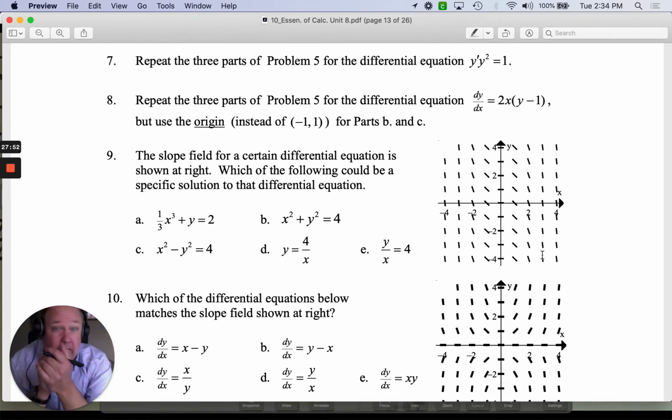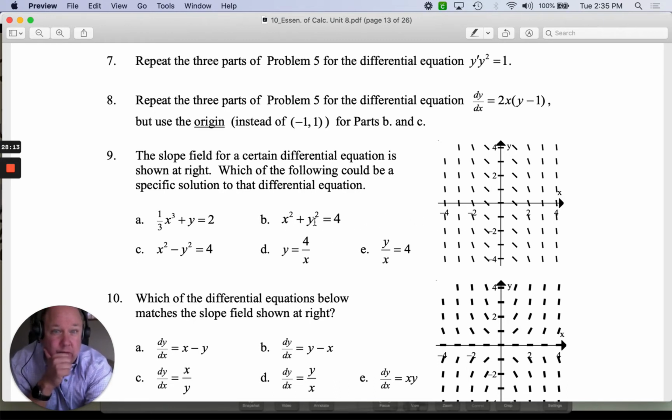So what does it look like? What does it not look like? So for number 9, it goes up to the left and down to the right. So it looks like an x cubed.